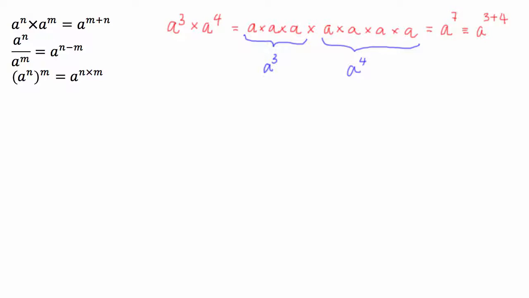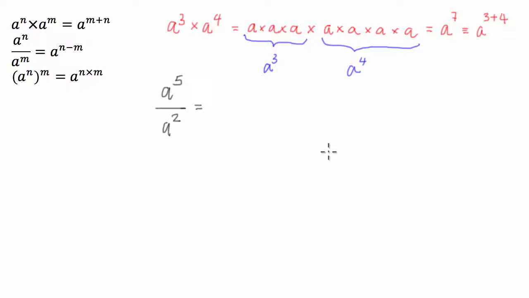So if we go to the next one, it has basically the same story. If we have a to the power of n divided by a to the power of m, we're going to replace these with, let's say, a to the power of 5 divided by a to the power of 2.